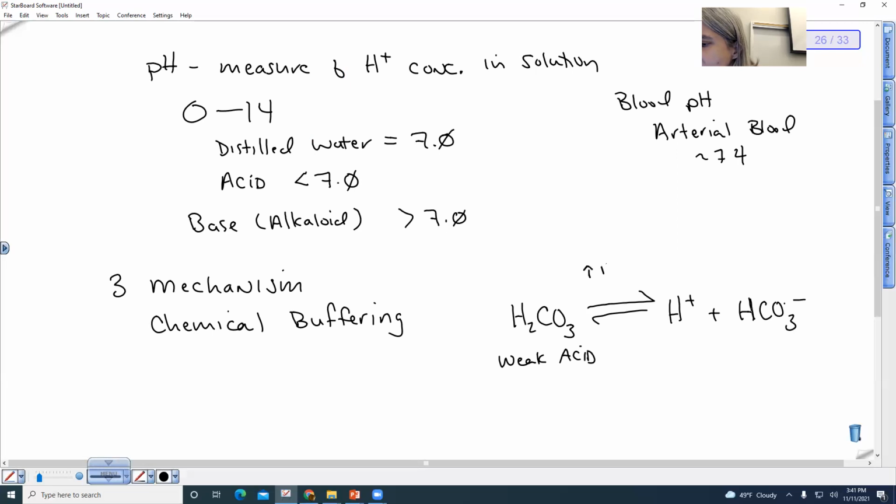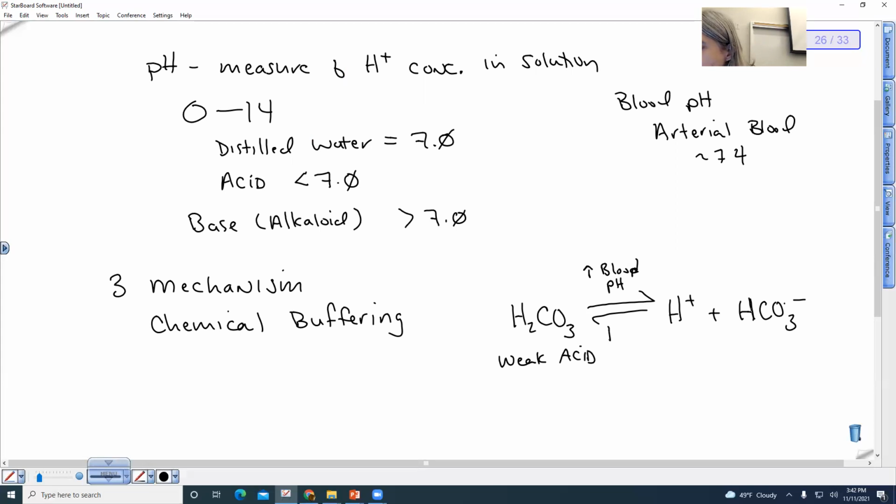An increase in blood pH would cause that chemical reaction to go in this direction, because the release of hydrogen ions is then going to decrease blood pH and turn it back into the normal range.